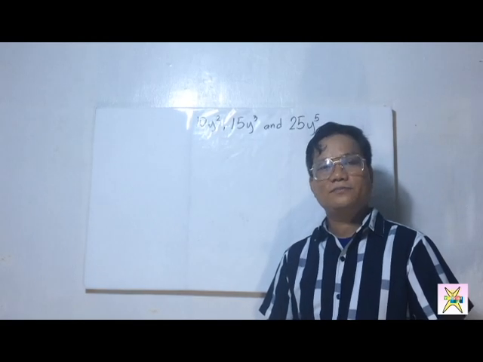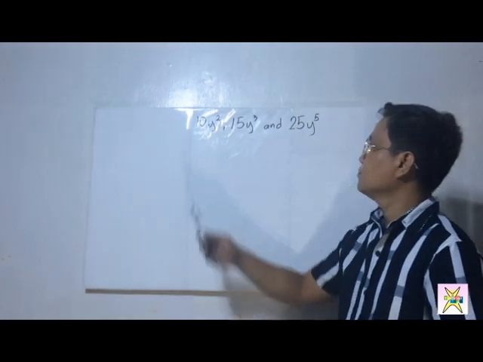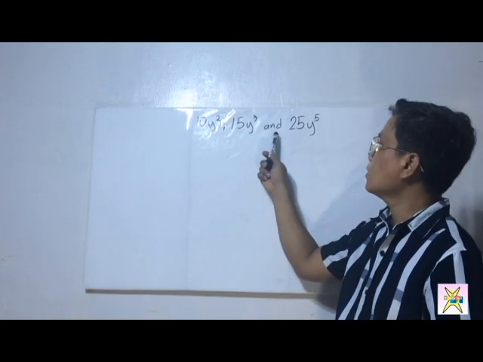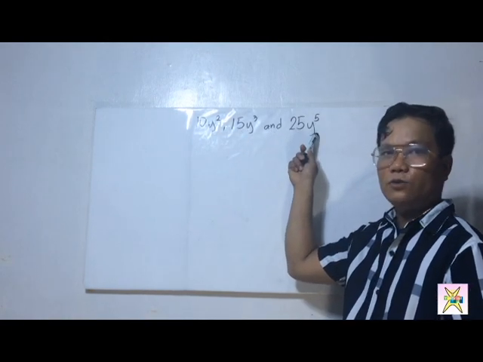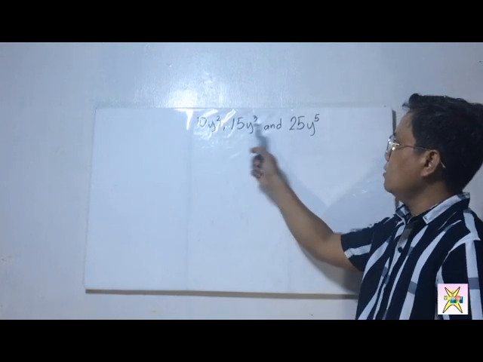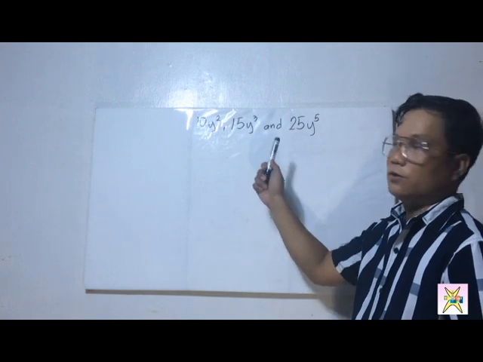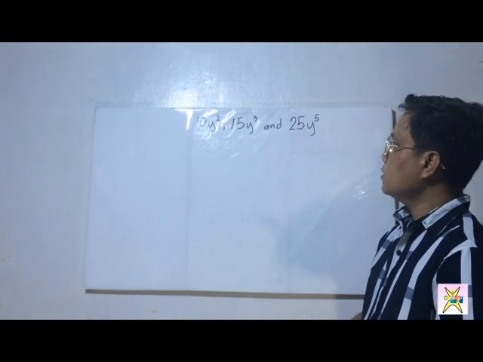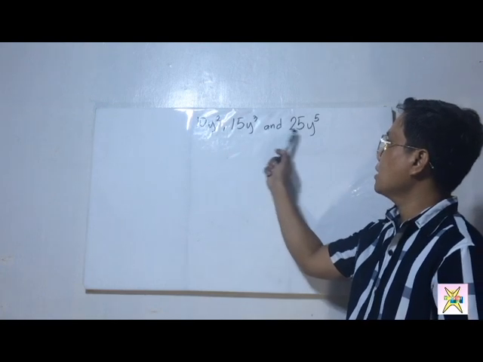Let's study further. Suppose we have 10y squared, 15y cubed, and 25y to the 5th power. So we have 3 expressions. Now, observe carefully their numerical coefficients.